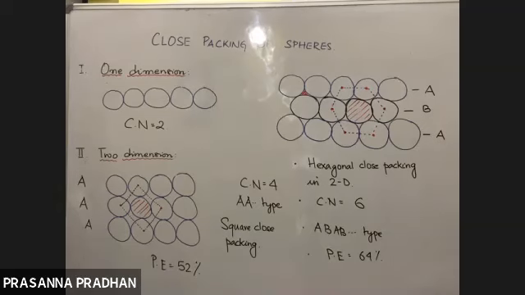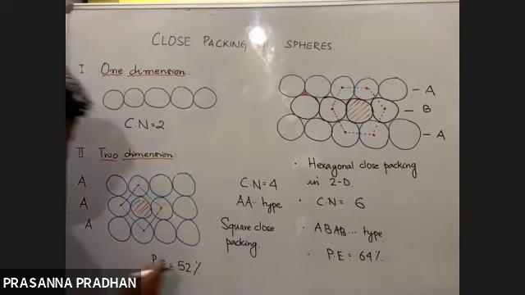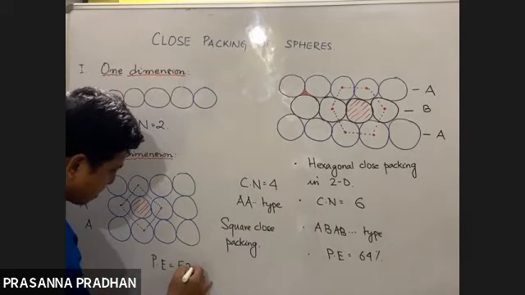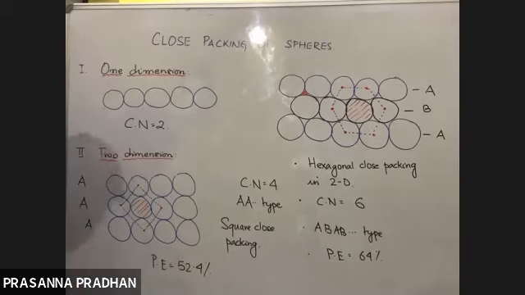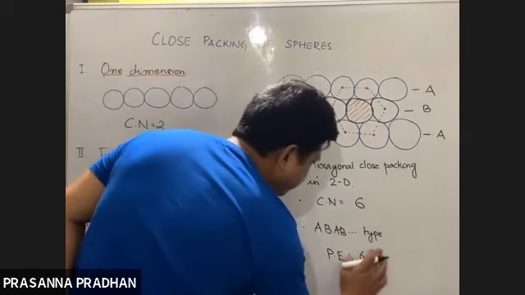Okay, so let me just check the exact figure. Okay, I don't remember. Write down 52.4 for square close packing, 52.4%. Okay, and 60.4, not 64, it's 60.4.